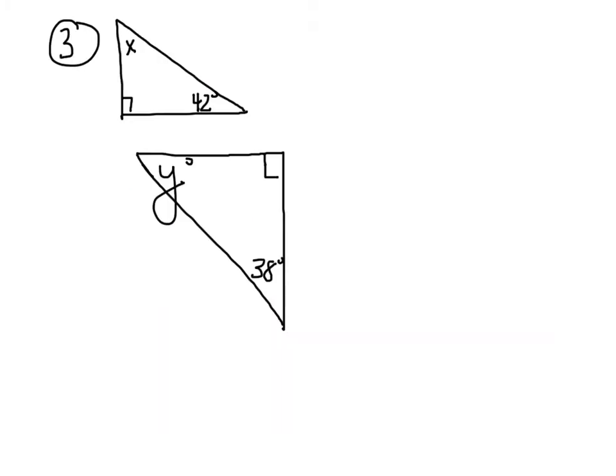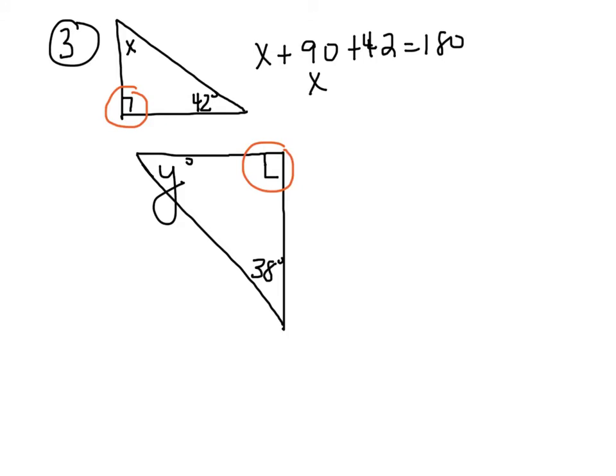Example number 3. Are these triangles similar? Well, we do have a right angle and another right angle. So let's see what the missing values are. If we take x plus 90, now I'm going to do this one as an equation, plus 42 equals 180. 90 plus 42 is 132 equals 180.